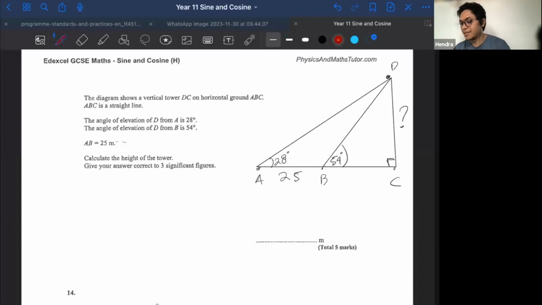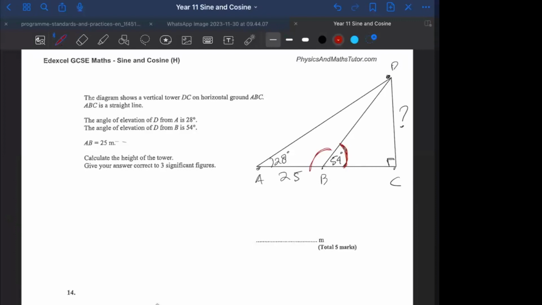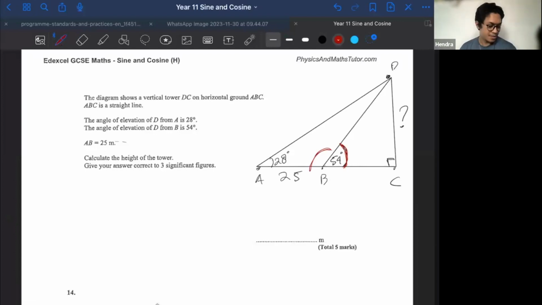If this is 54, what is the other angle on the straight line? 180 minus 54 is 126.